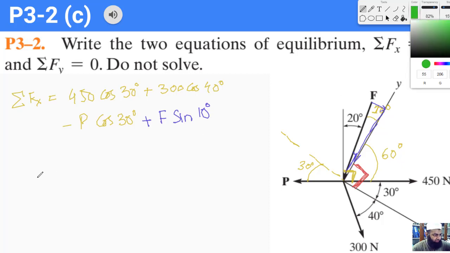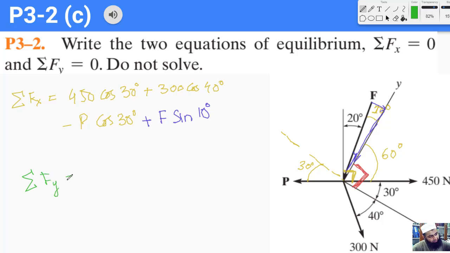Let's go back and write the second one, sum of all the forces in y is equal to: the first force is 450, which is just positive in the y direction, so that is 450 sine of 30 degrees.